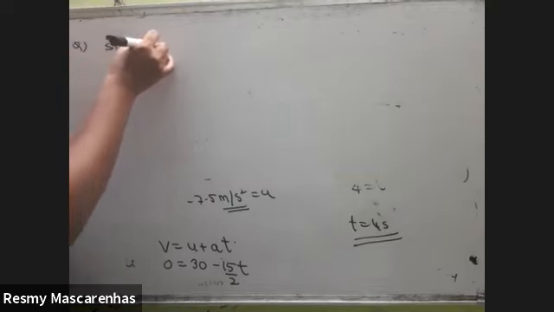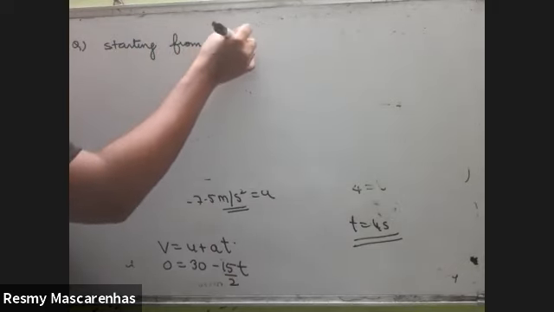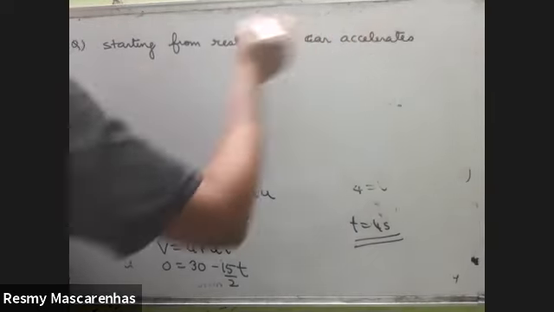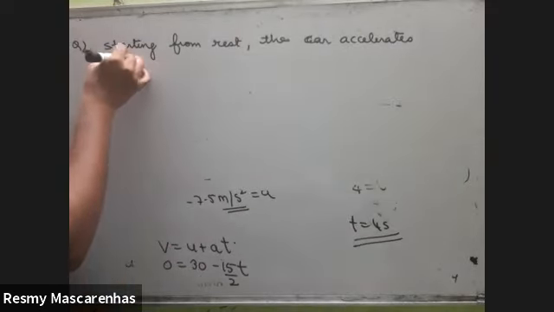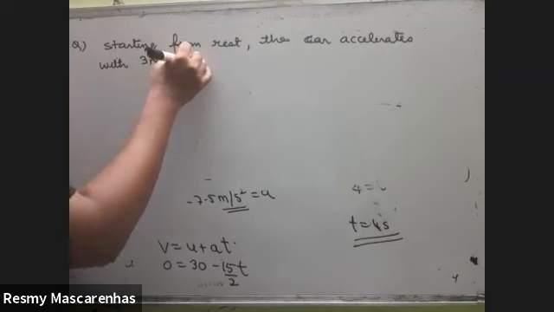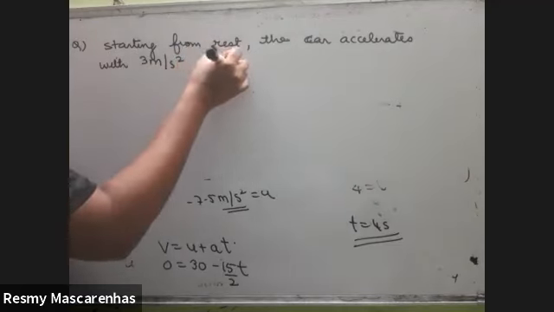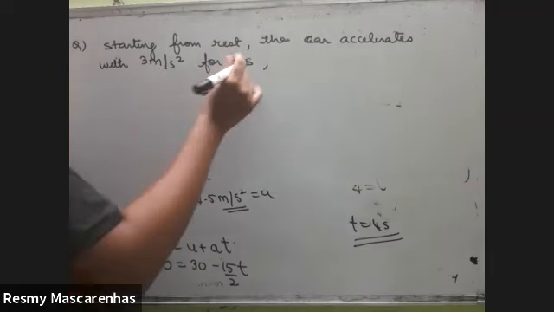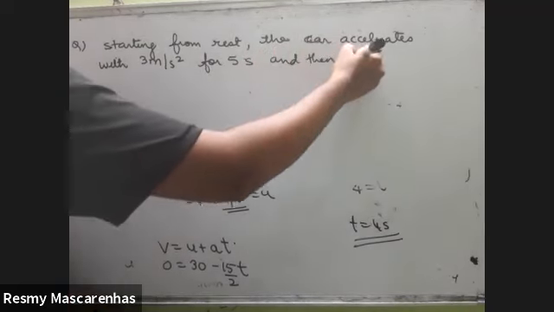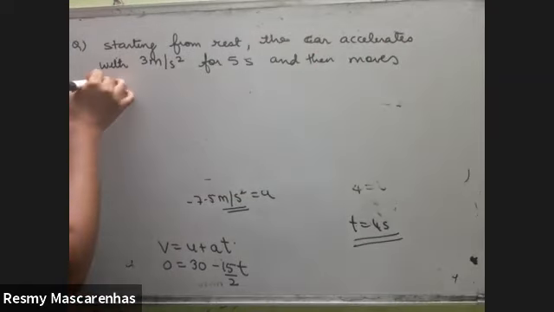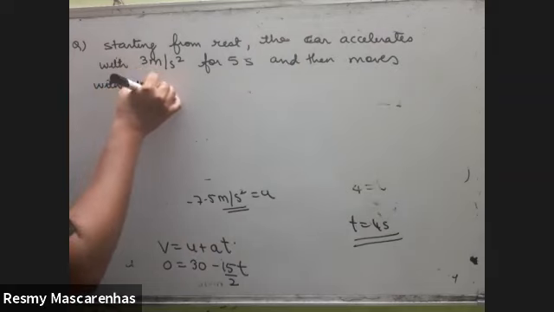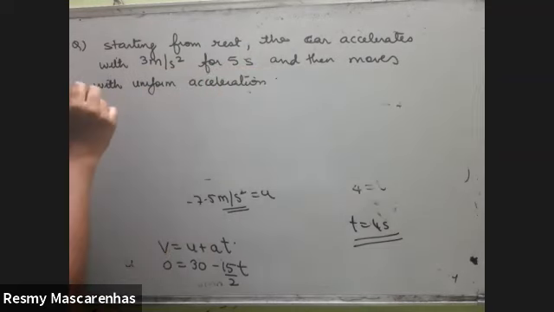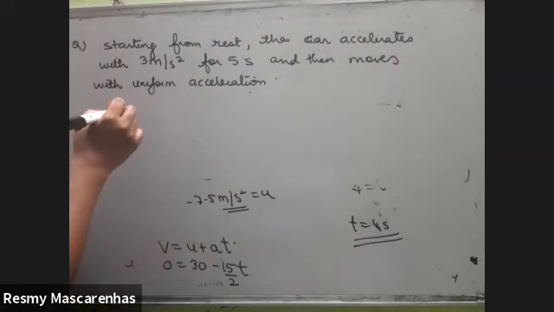Starting from rest, the car accelerates with 3 meter per second square for 5 seconds, and then moves with uniform velocity.